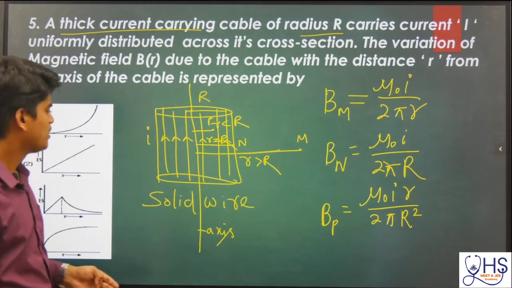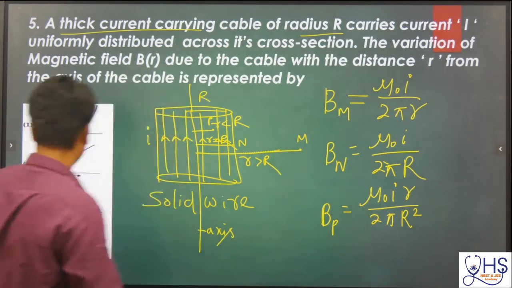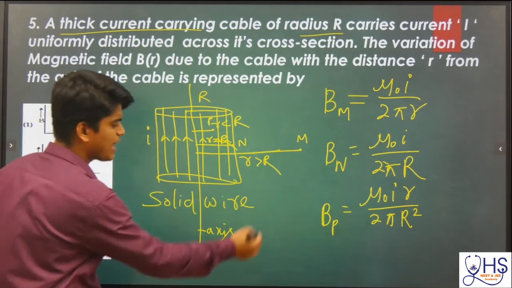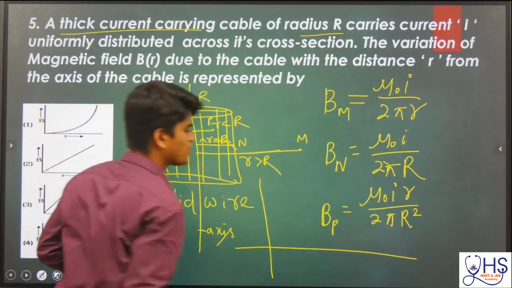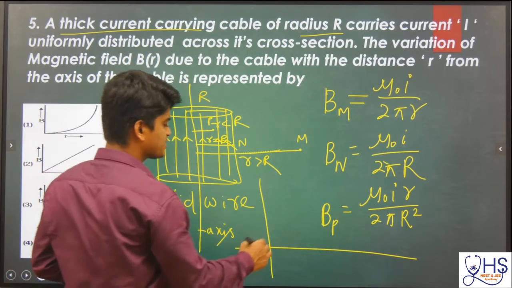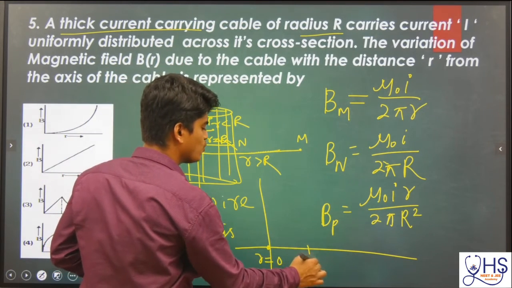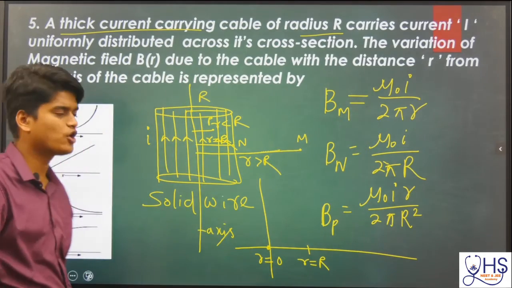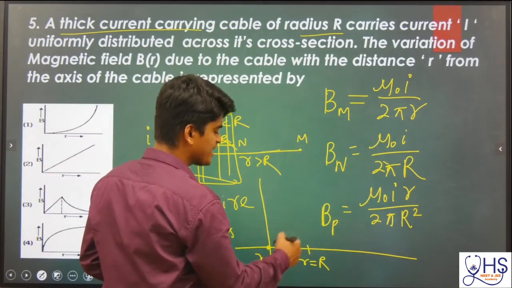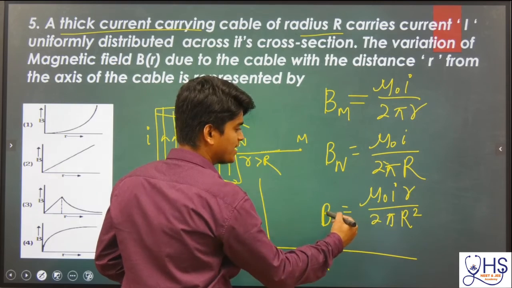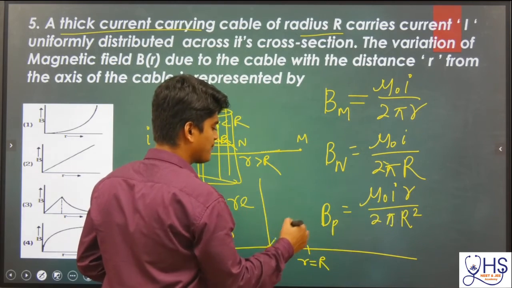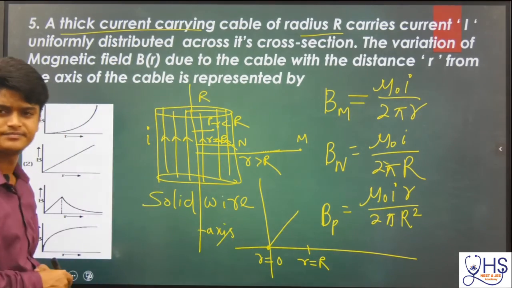Now see here, I will consider the graph directly. I come from the center, so this is r equal to 0, and from center to surface, r equal to R. Inside, the magnetic field is directly proportional to r, so the graph will definitely be a straight line.